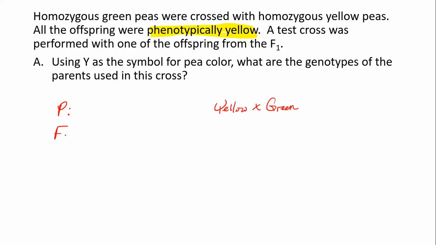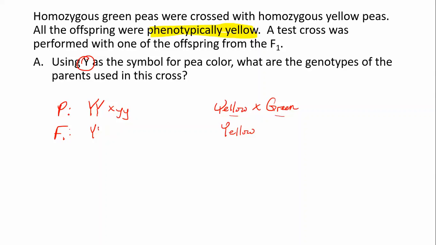So the F1 generation, those were all yellow, but they have to be heterozygous because one of these buddies has to be dominant, one of these has to be recessive, which means each of their offspring is going to get one dominant copy and one recessive copy. And I'm going to skip ahead, and we're using Y as the symbol for pea color. So that means that one of these parents had to be homozygous dominant, and the second parent was homozygous recessive.